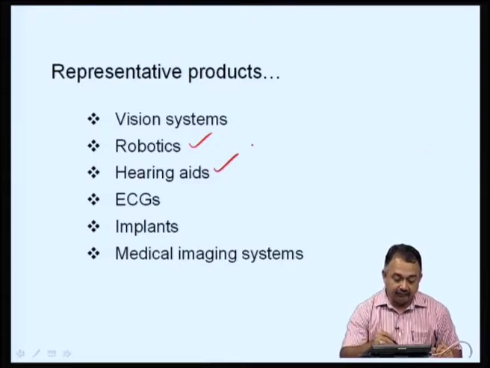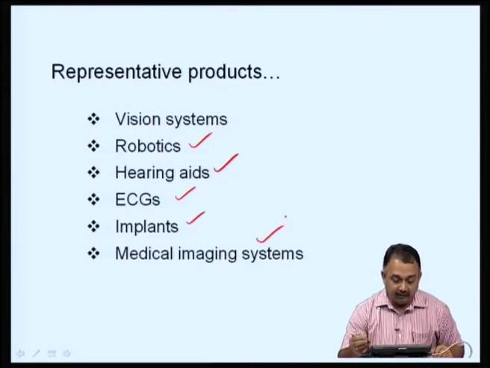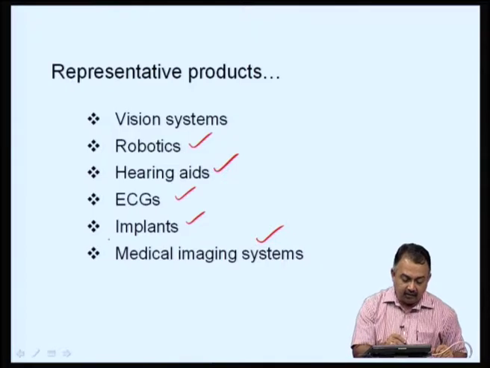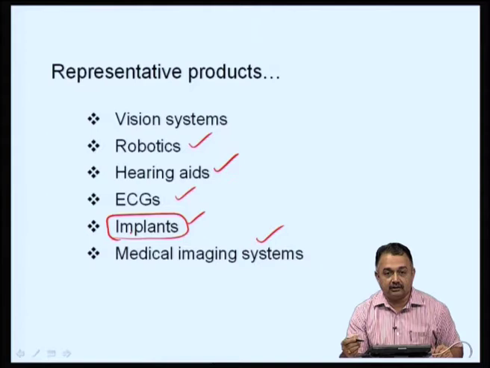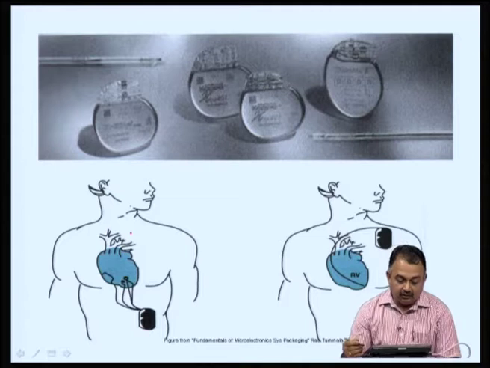Hearing aids, ECGs, implants, medical imaging systems, all of these come under medical care electronic systems. Of these, the products that occupy very small area or size are the implants, and these directly go into the patient's body. I have a particular example to show.